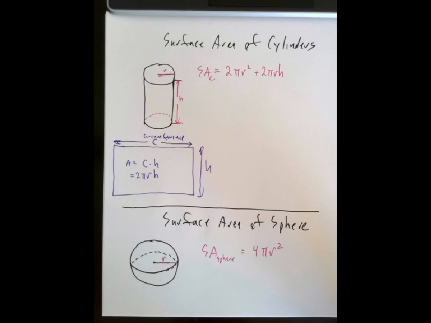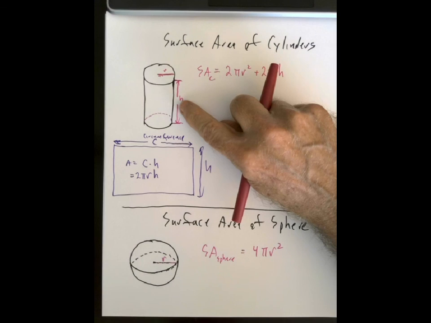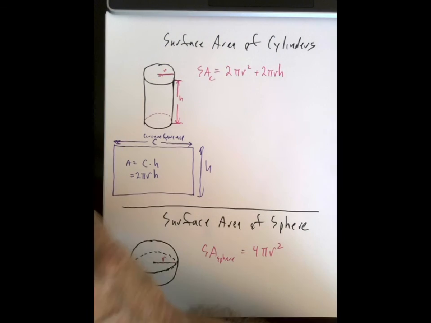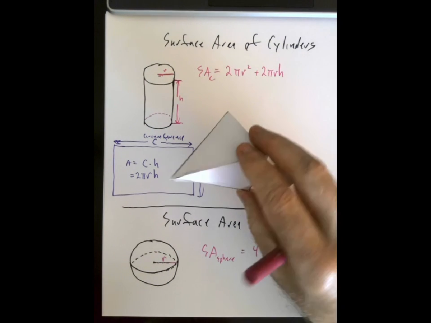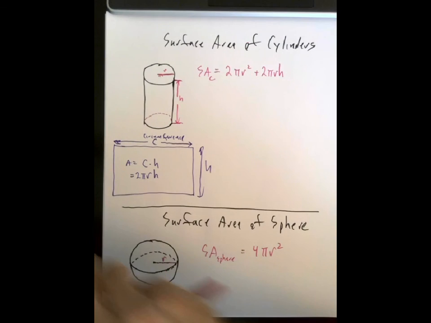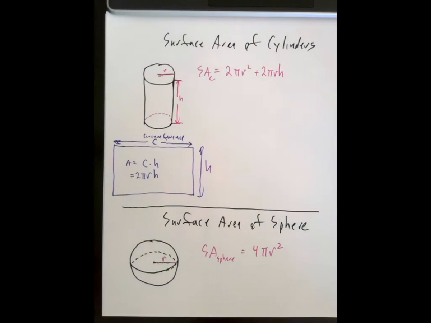Because it turns out mathematically that although we can take this shape and cut it apart and lay it flat, or we can take this shape and cut it apart and lay it flat, or we can take the pyramid and cut it apart and lay it flat, a sphere, like a baseball or something, you can't cut that apart and lay it perfectly flat without distorting it somehow.